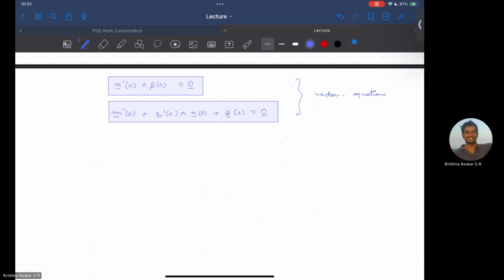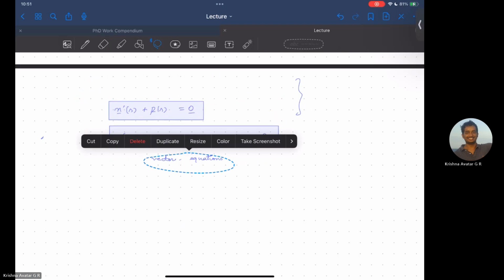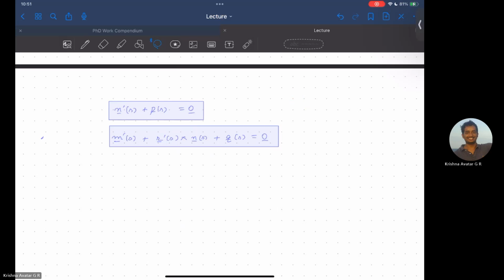Right? However, for the purpose of computation, we need to present them in component form. So these are the balance equations in vector form.